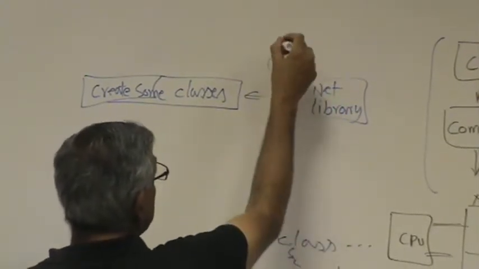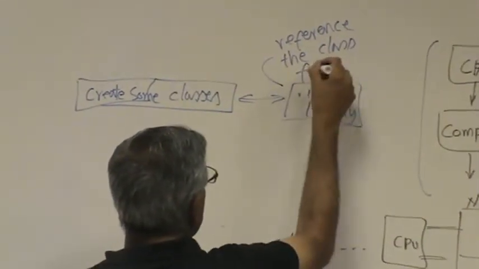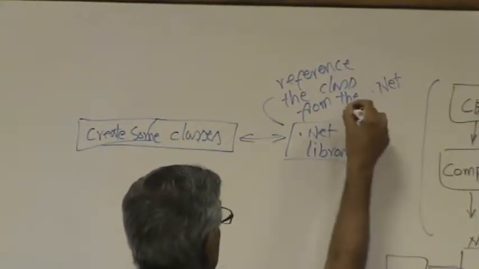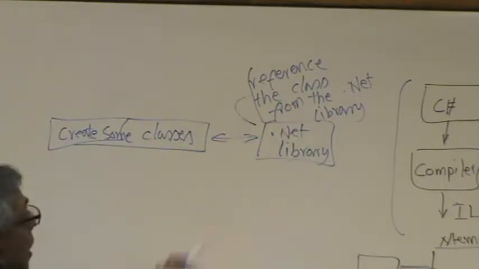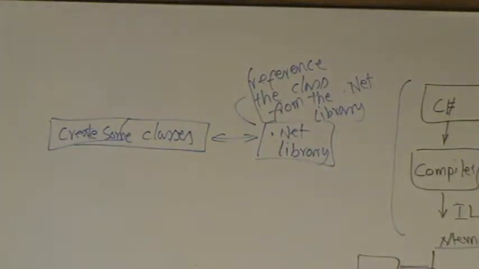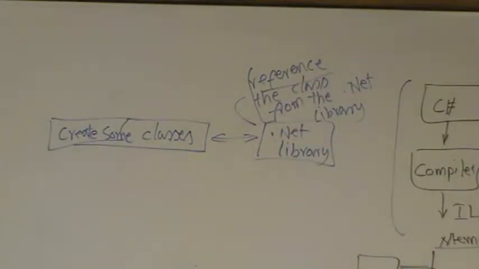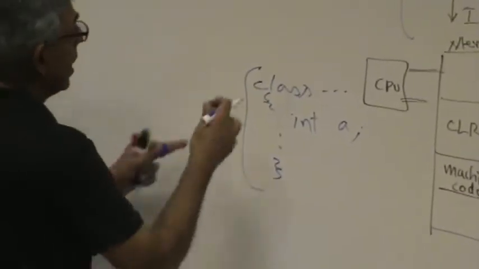What we do is we reference the class from the .NET library. So the terminology that we use whenever we need to pick a class from the pre-created library is called reference. So for example, if you are using Visual Studio, you created some class, and now you wanted one more class from this library.